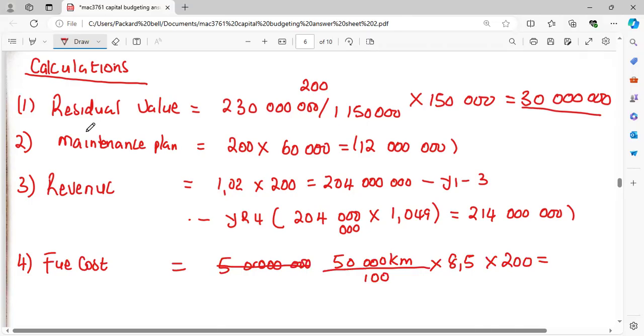Are we together on this part? Do you guys see how I got this part? So we divide by 100, times 8.5, times 200.